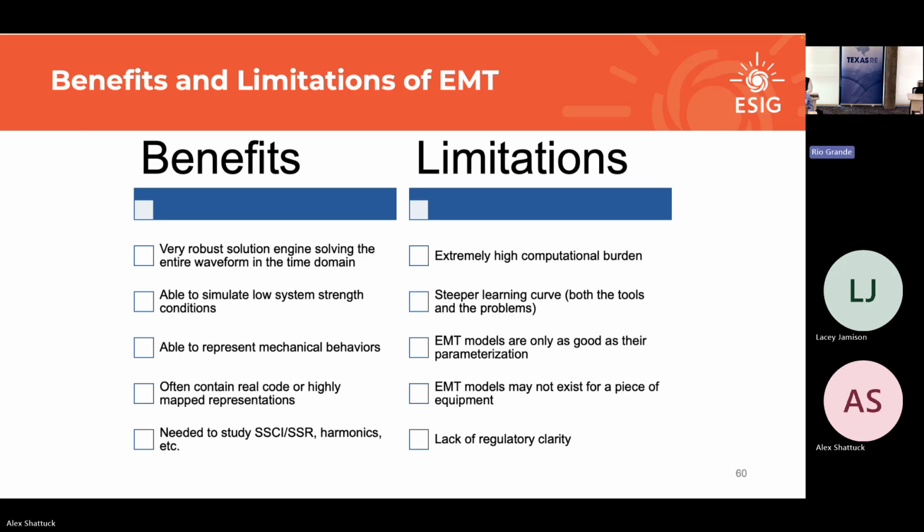The big one, number one in my mind, is just a very high computational burden. Even if everyone doing power system studies were an EMT expert, imagine if every interconnection study, every run took a day, 24 straight hours.